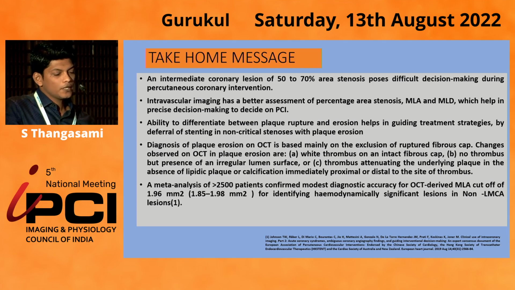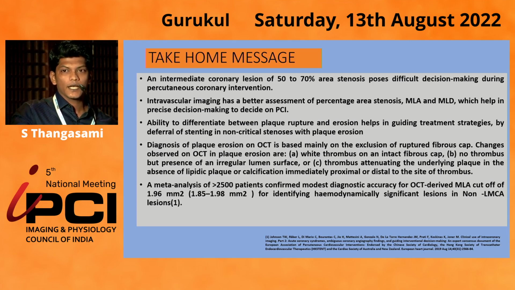The ability to differentiate between plaque rupture and erosion helps in guiding treatment strategies, by deferral of stenting in non-critical stenosis with plaque erosion. The diagnosis of plaque erosion on OCT mainly depends on exclusion of a fibrous cap rupture. Changes observed in OCT in plaque erosion can be the presence of white thrombus with an intact fibrous cap, or no thrombus with luminal irregularities.